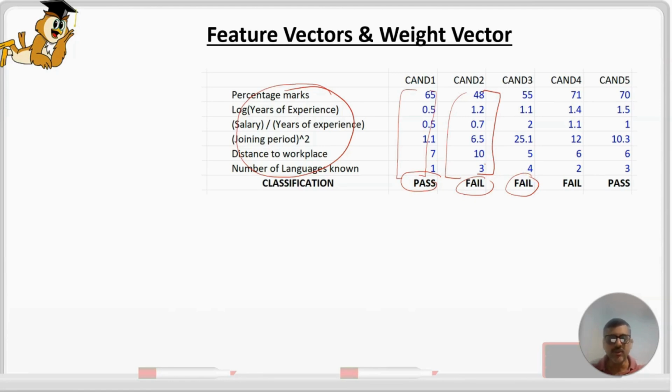Now, you have these weights. W1 is associated with x1, W2 is associated with x2, and so on, all the way down to x6. So W1 x1, W2 x2, W3 x3, and W0 is a constant.